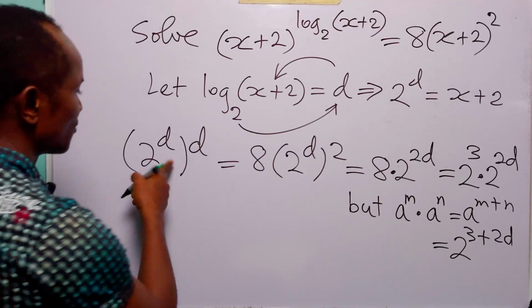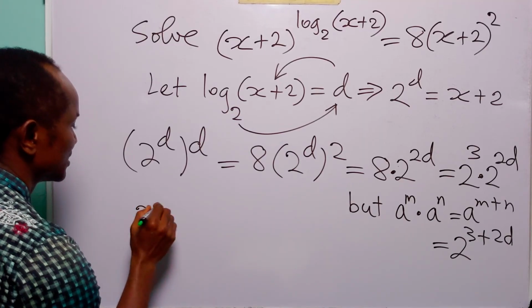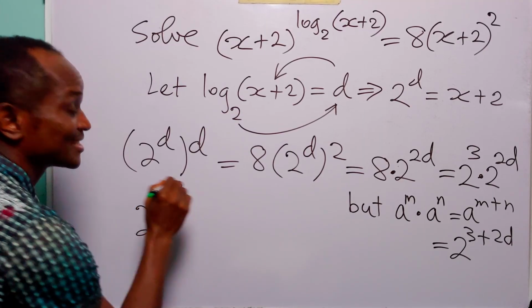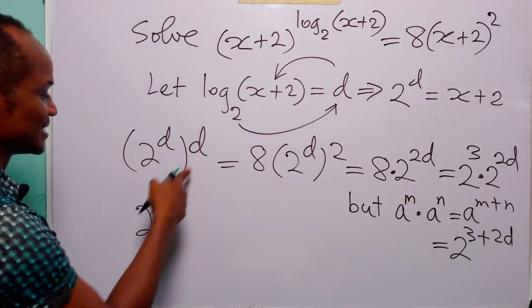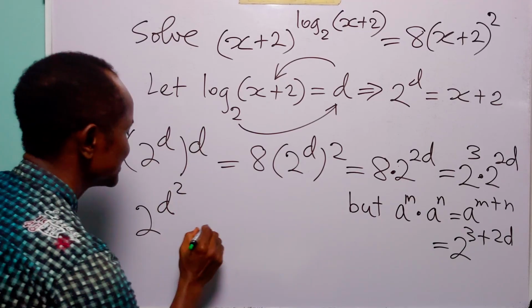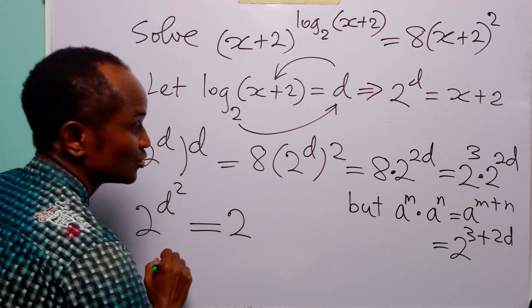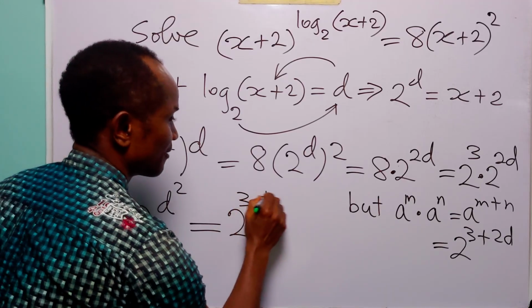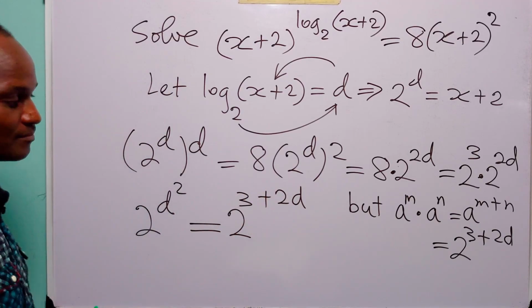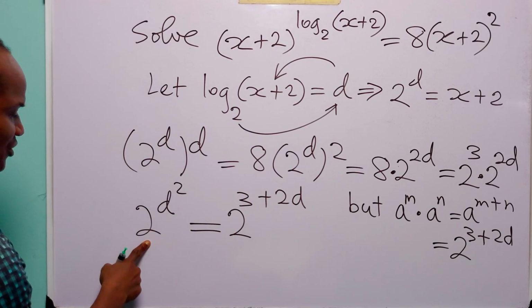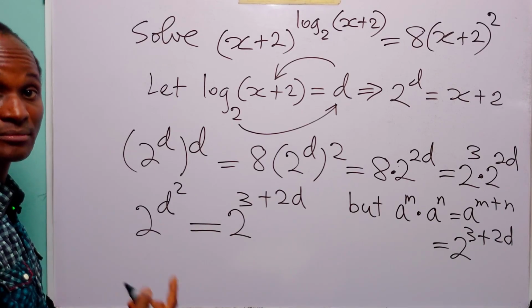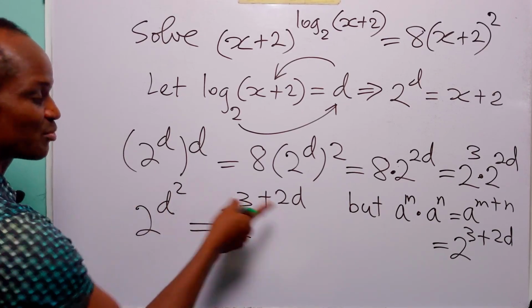So ultimately, we have that 2 to the power d squared, because d times d is equal to d squared, is equal to 2 to the power 3 plus 2d. Now you can see that we have 2 here and we have 2 here, so we can equate the exponents.